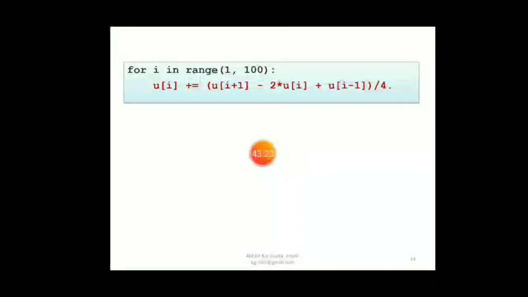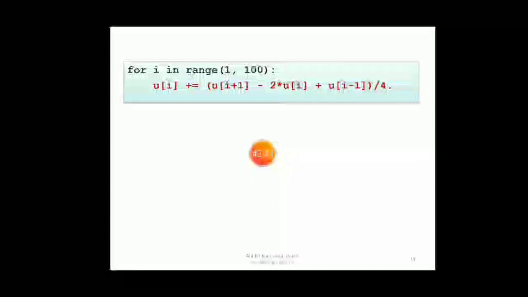Okay, so these 2 steps can be thought of as doing this thing again and again. You start from 1, then go to 2, 3, 4, 5. For i equal to 1, you need the 0th term and the second term.